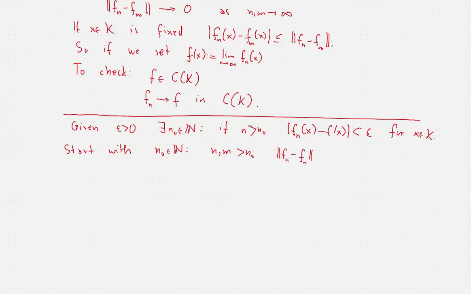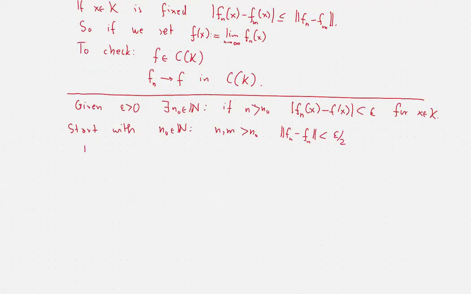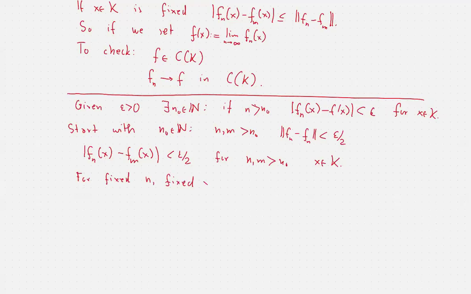Then this means that the absolute value of f_n of x minus f_m of x is less than epsilon over 2 for n, m greater than n naught and x in K. So now if we fix x and we fix n, so for fixed n and fixed x, we pass to the limit as m tends to infinity.